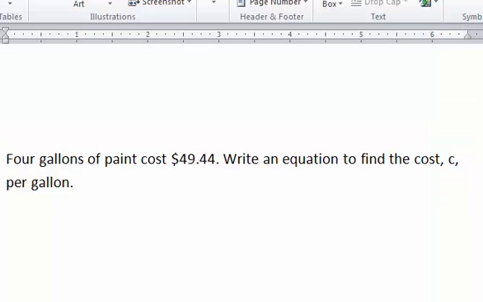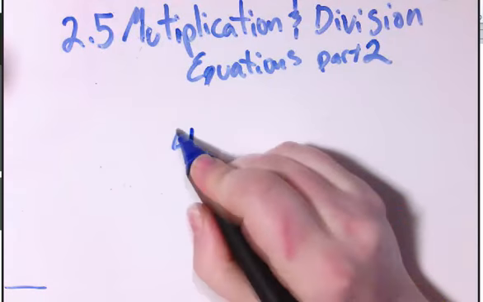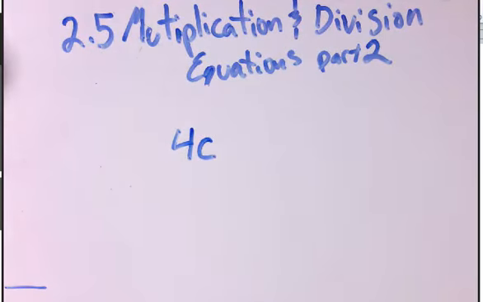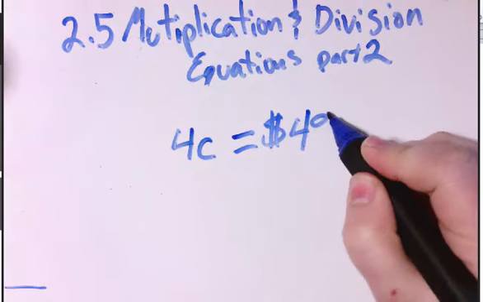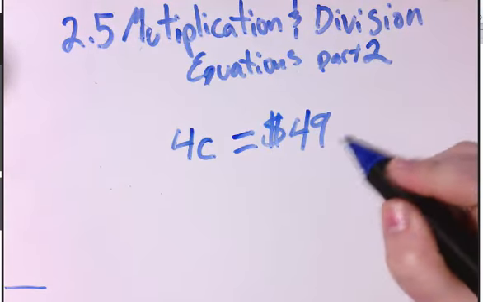So our next example here is going to be 4 gallons of paint cost $49.44. We're going to write an equation to find the cost C per gallon. So we know we bought 4 gallons at a certain cost, and the total came to $49.44.